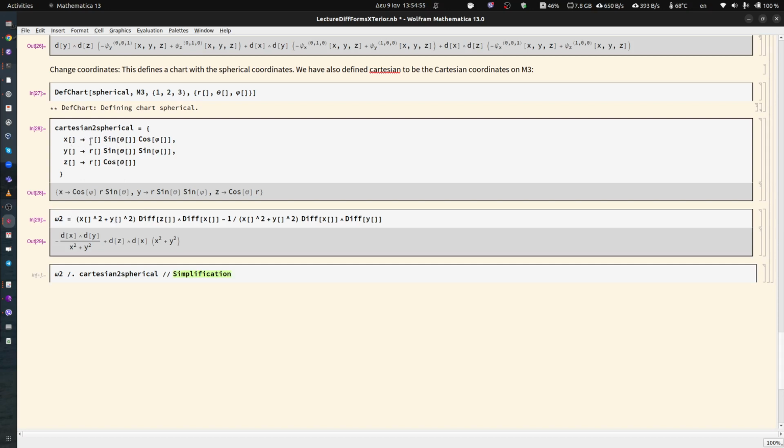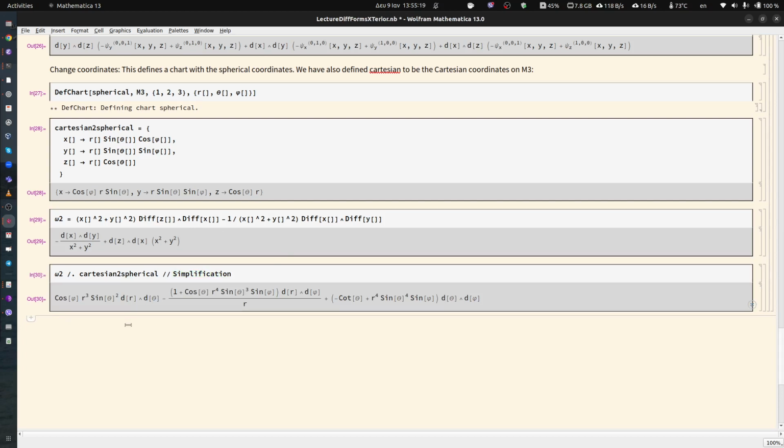So x will be replaced by r sin theta cos phi, y with r sin theta sin phi, etc. Furthermore, this will also be replaced within the differential function, and differentiations will occur. So in the end, we will have the omega 2 form with its coordinates in spherical coordinates. You see here we have an expression that is a linear combination of dr d theta, dr d phi, and d theta d phi.